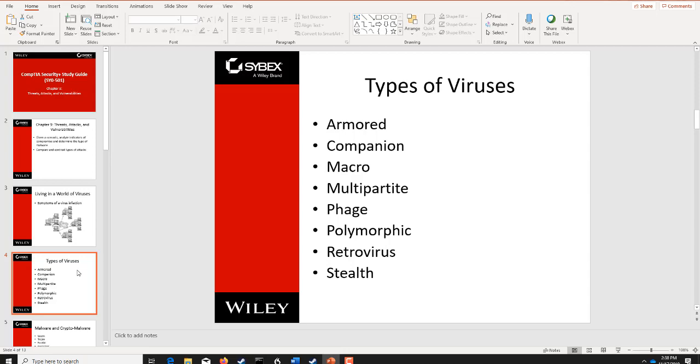There's a lot of terminology in this chapter. Make sure that you check that out on page 278 through 282, excuse me. So on 285, it kind of goes over the definitions of all these different types of viruses.